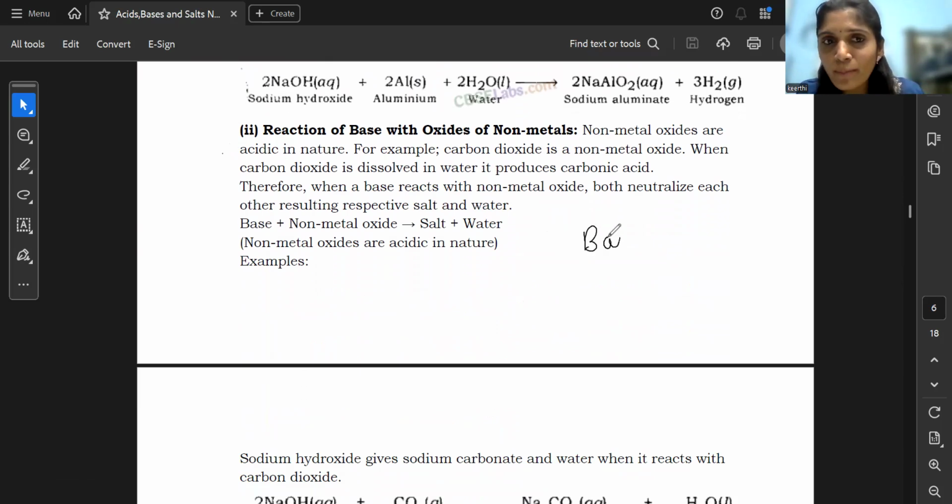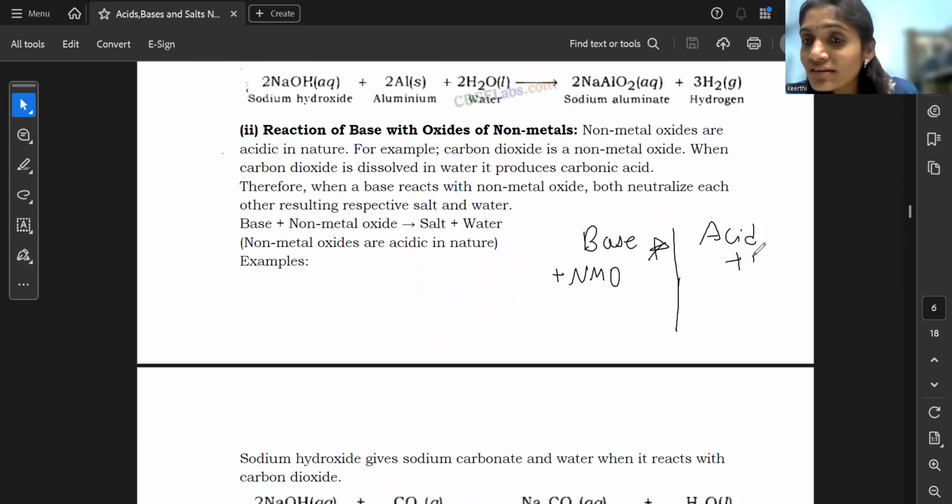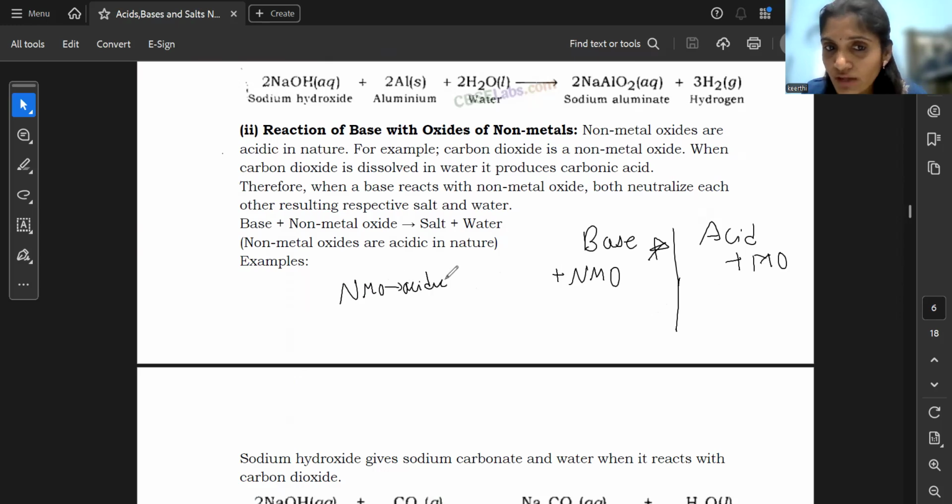Now bases will react with non-metal oxides. Clear? Bases react with non-metal oxides, and acids react with metal oxides. If you are getting a doubt why non-metal oxides are acidic in nature and metal oxides are basic in nature, this question has been asked many times in the board exam, so please take care.